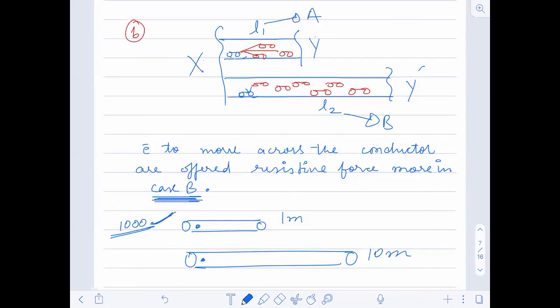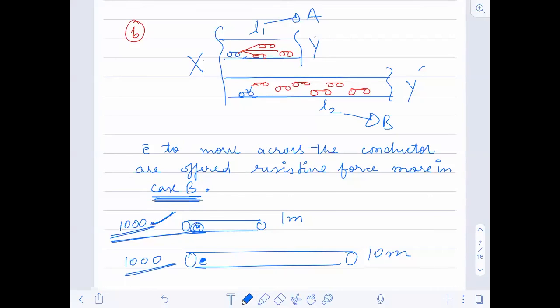The electron here, will it hit 1000 only? Reply to this. In case A, if this electron is hitting 100, then will this electron in the same conductor of 10 meter hit 1000 only? No, never.